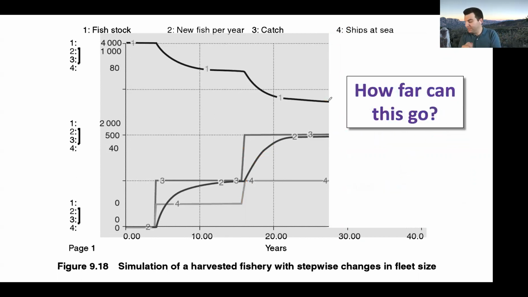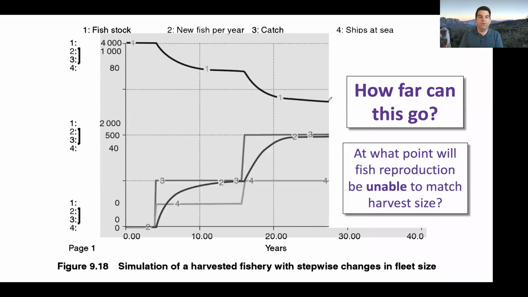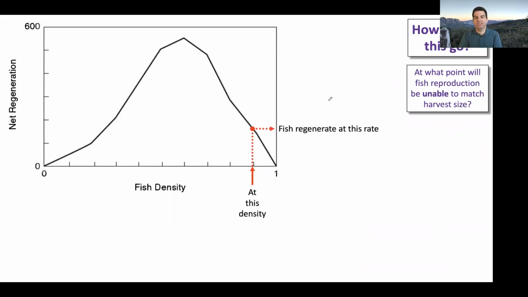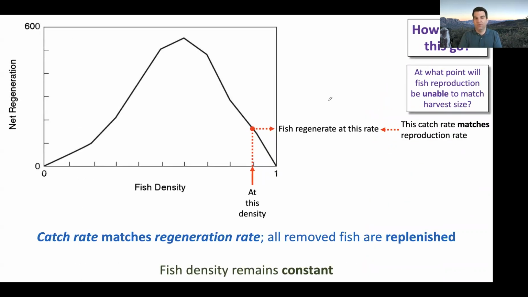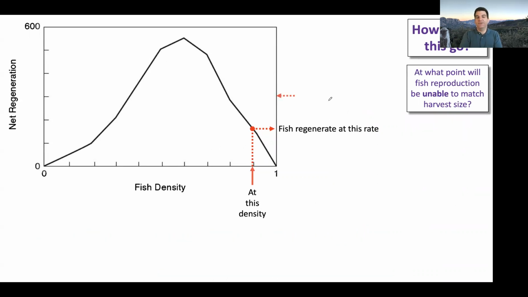So then the question is, how far can this go? How far can I keep raising the number of boats at sea? It's likely that it can't go on forever. At some point the fish are not going to be able to regenerate. This is the process that I was just outlining. You start at one density, and you end up fishing higher than the regeneration rate.